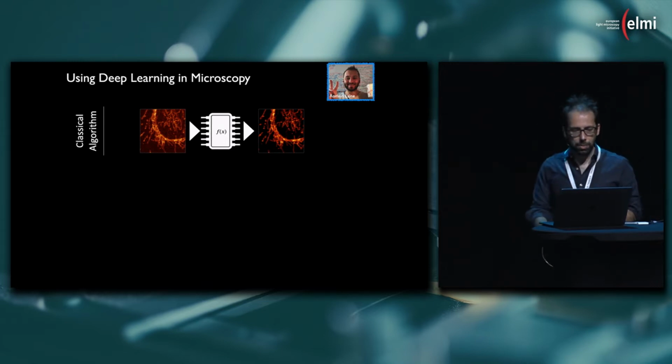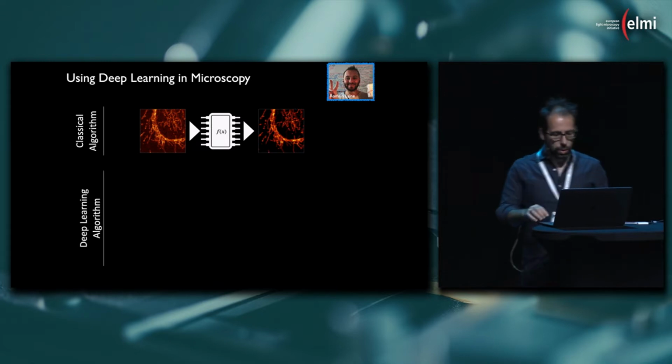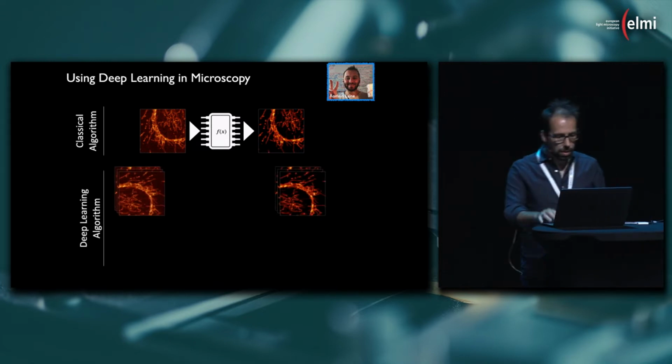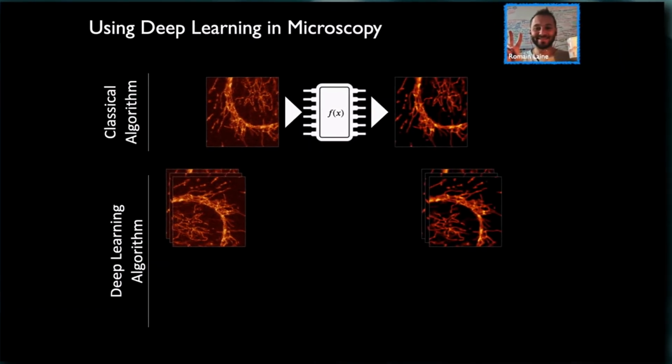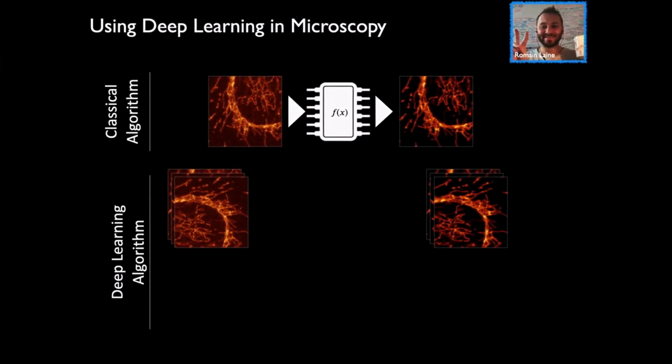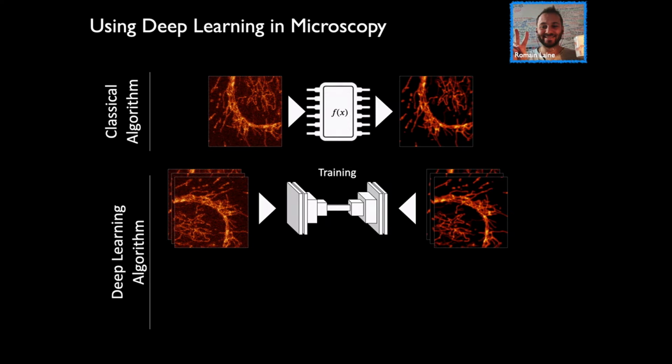So with deep learning algorithms, typically, what you do is you actually start by showing a neural network examples of input and output images, right? And what happens is that the network is not well defined yet.